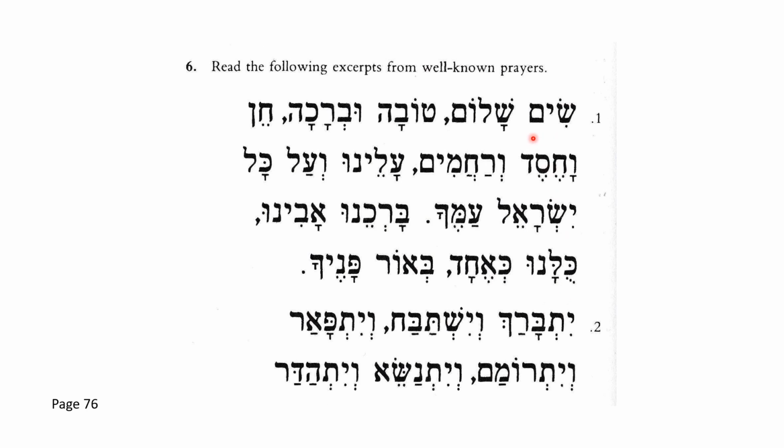Sim Shalom, Tova, Uvracha, Chen, Vachesed, Verachamim, Aleinu, Ve'al, Kal, or Kol.